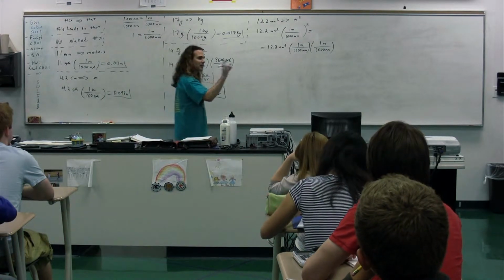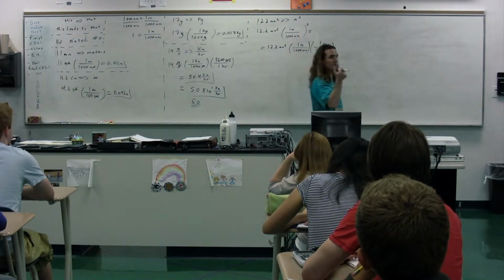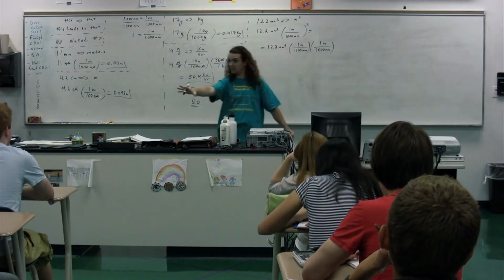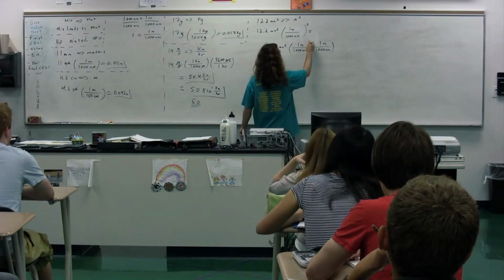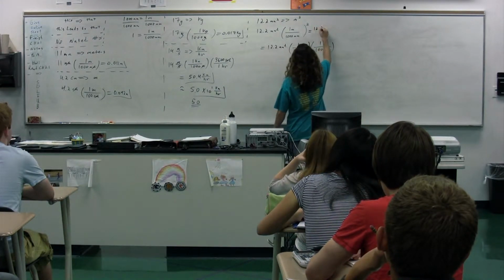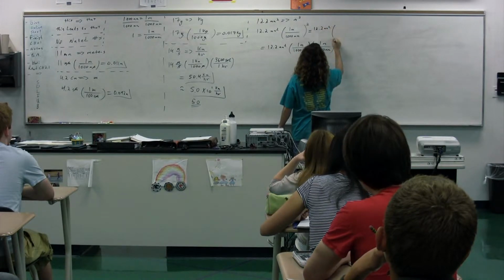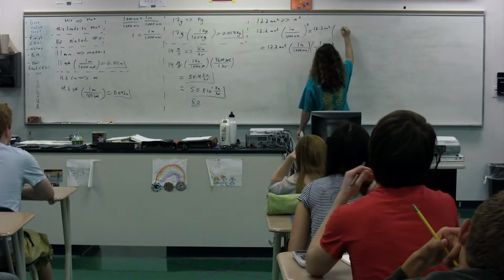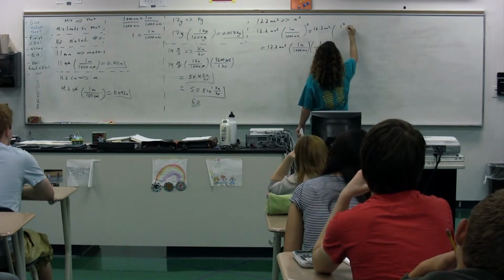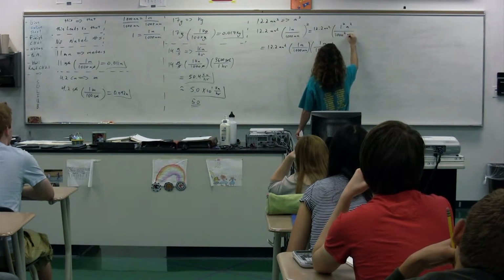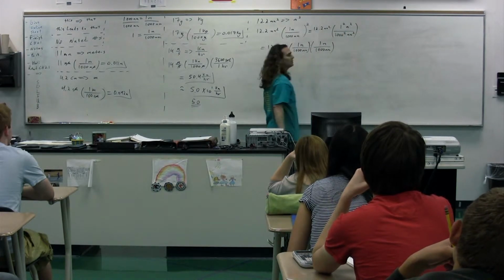Let me show you one other thing that I think will help you see the way you want to do it. The mistake people make, which is what the mistake David made, is I can show this 2 different ways. We could also do this 12.2 millimeters squared multiplied by, bring the square underneath the parentheses, and we have 1 squared meter squared, divided by 1,000 squared millimeters squared, right?